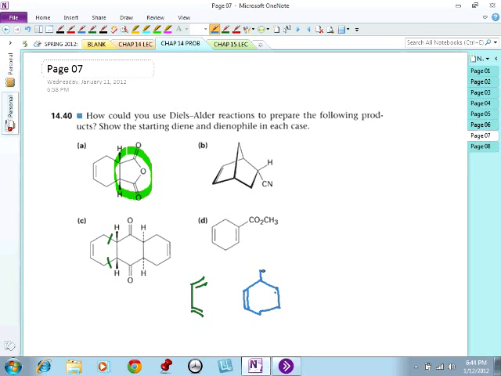Everything else is here. The carbonyl is still here. This carbonyl is still here. Okay? And that means this part of the molecule, let's see here. Okay. Let's do one step at a time.